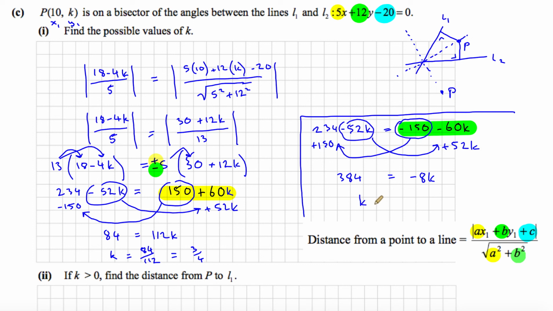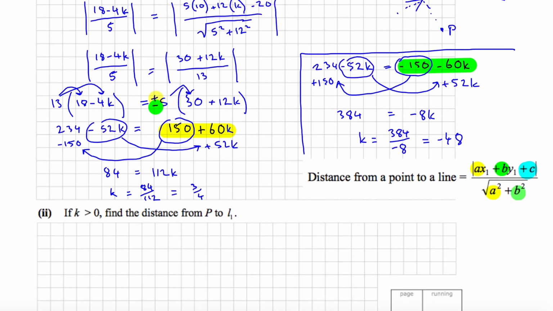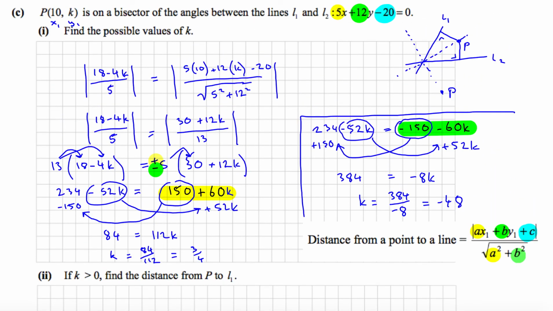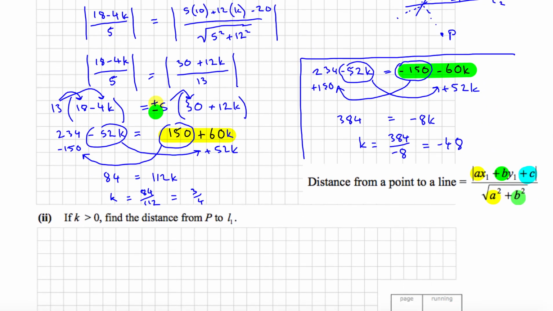So dividing both sides by negative 8, k will be equal to 384 over negative 8, which is negative 48. So there's my two values for k, the two possible values for k as they asked there.